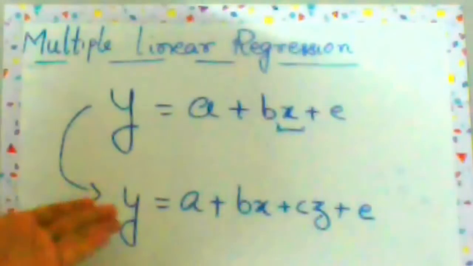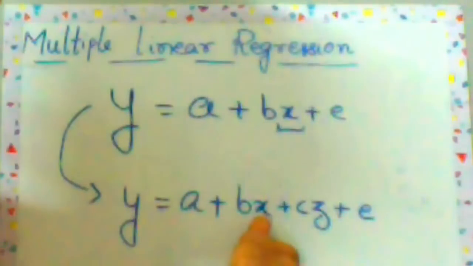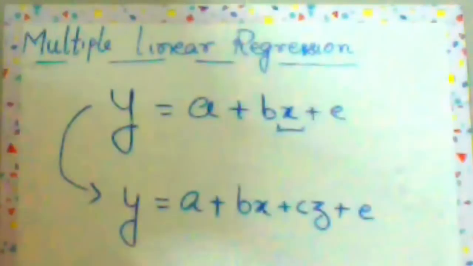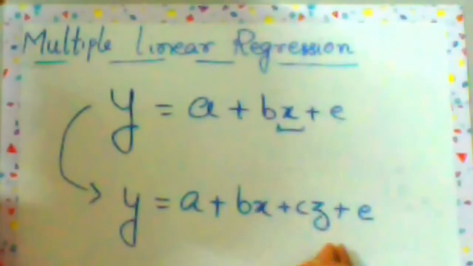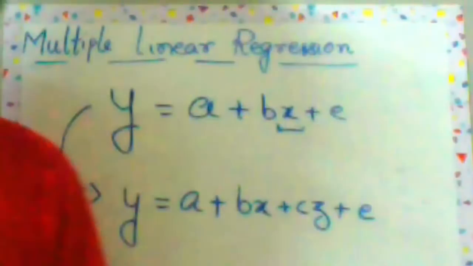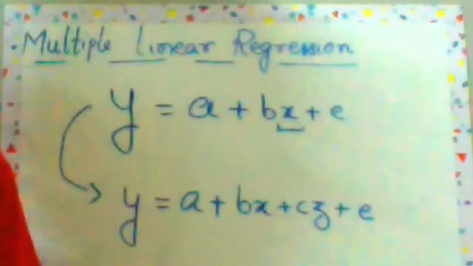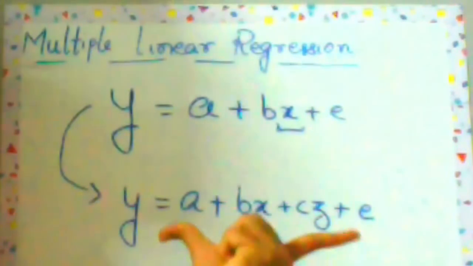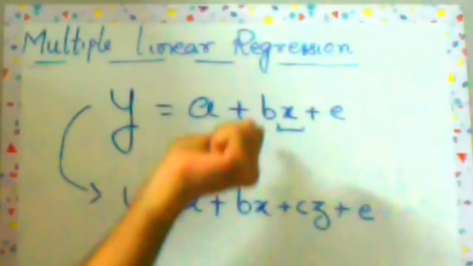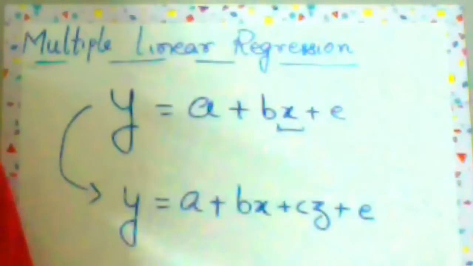Linear regression means that the equation of the model is linear, and linear in the sense that my independent variables are linearly combined. I have x to the power 1, z to the power 1. So this is the basic introduction to multiple linear regression model. Now this is the most basic of the multiple linear regression models, only with two variables, as this was the simplest of linear regression models with just one independent variable.